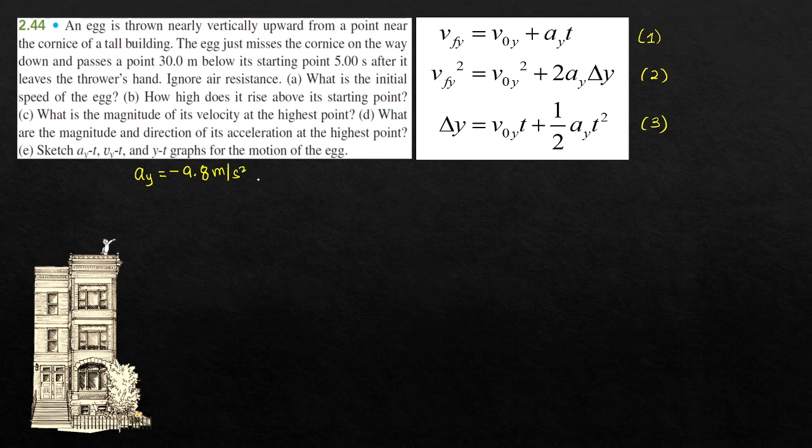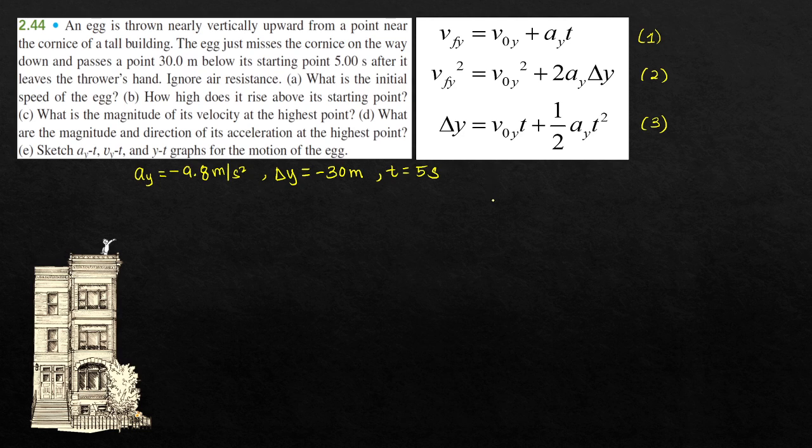Another thing that is given in the problem is that it passes a point 30 meters below. So we could write it as delta y equivalent to negative 30 meters, and the time given of 5 seconds.